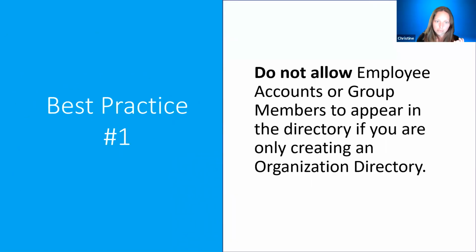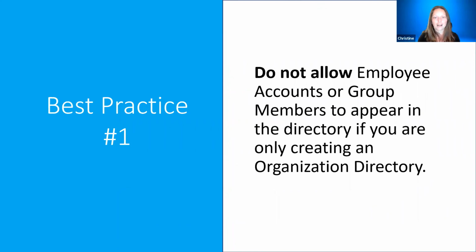So, oh yeah, this one's really important. I didn't cover this, and one thing I'd always like to mention is if you are doing group memberships, there is a function within the membership category that you can allow employees to be visible in your directories. The one thing that you don't want to do is, if you're creating only organization directories, enable this feature.